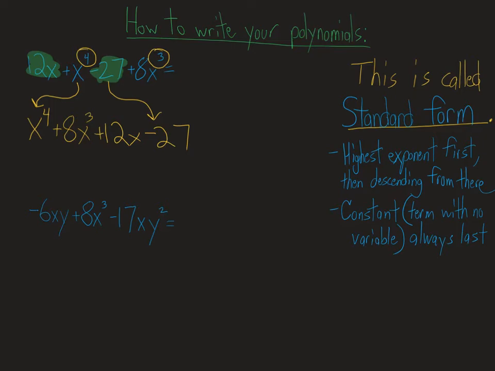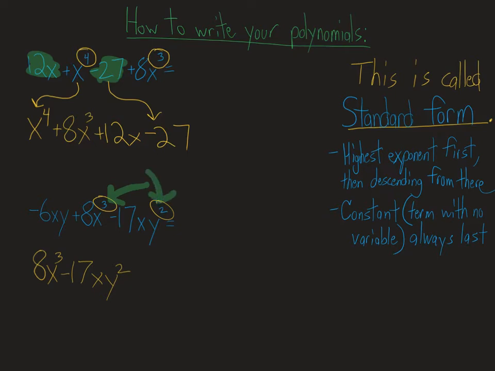Okay, so let's do that second one and see this again. I'm looking for my highest variable. It's right there. So I'm going to rewrite this in standard form as the 8x cubed minus the 17xy squared. And notice, another point to notice here. The cube is on the x, the squared is on the y.